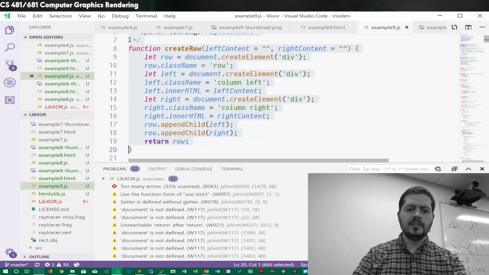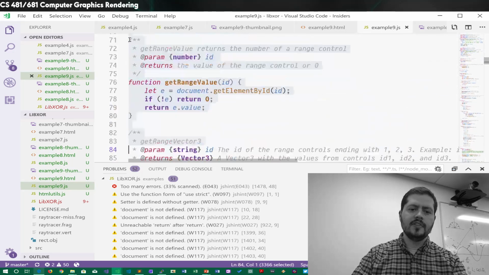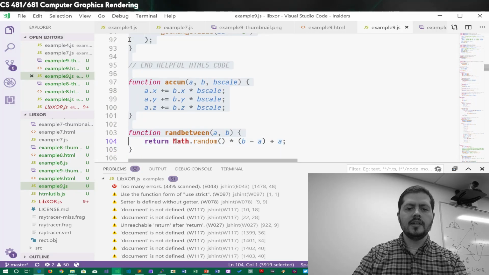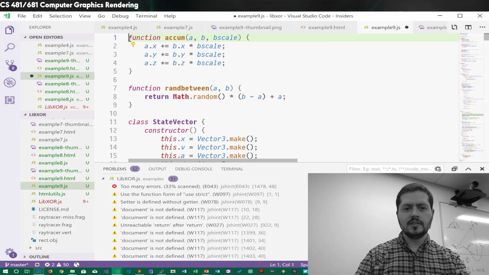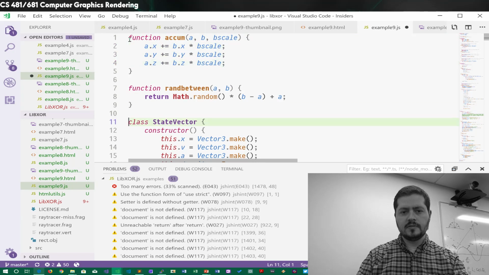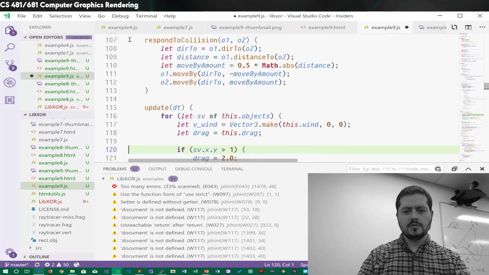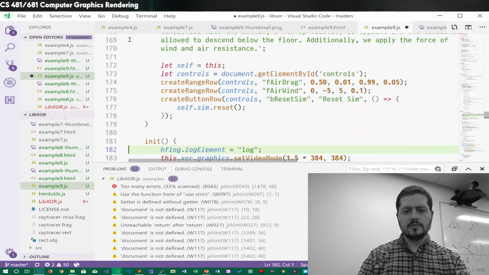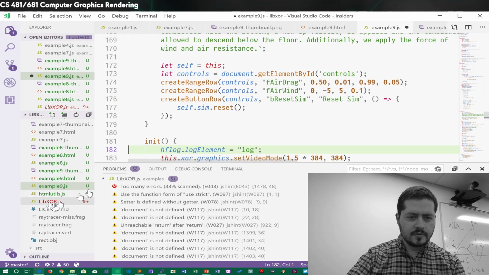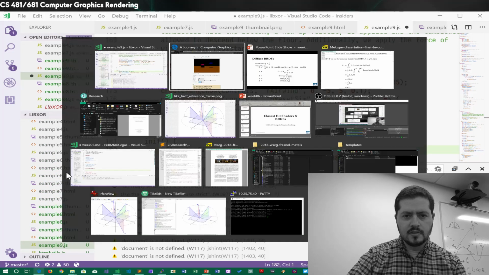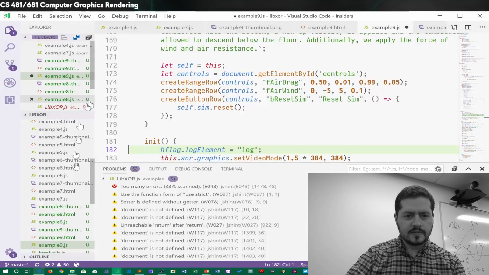Get rid of my helpful HTML5 functions. I was modifying code earlier today, and I put this in a different file, so it's not there. I should probably get rid of that stuff too. Oh, I know what I did. We need 6.